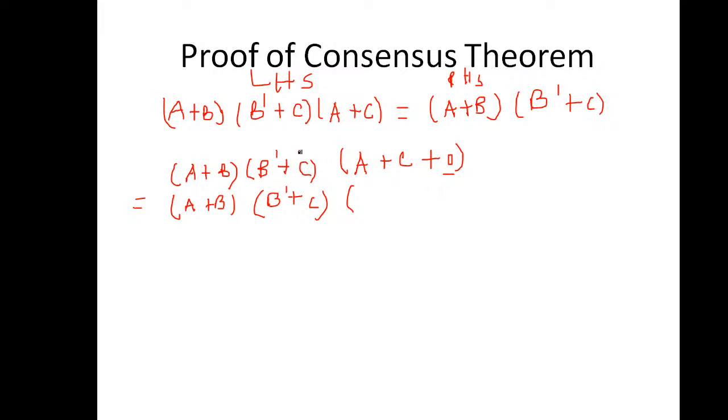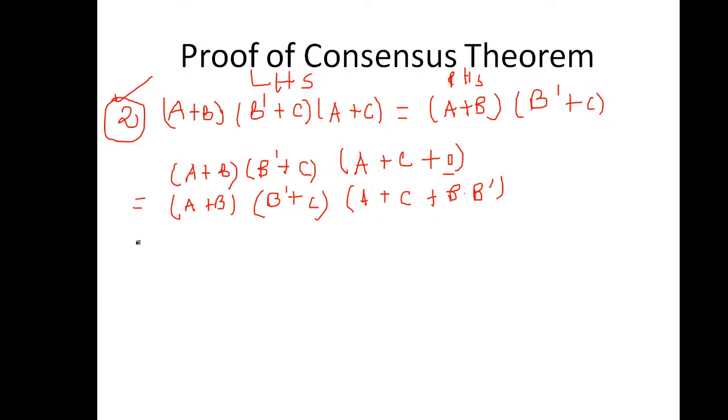In the last slide you have seen the POS term and the SOP term. The second one I am going to prove. So we have to write A plus C, and the 0 is replaced by B into B bar.